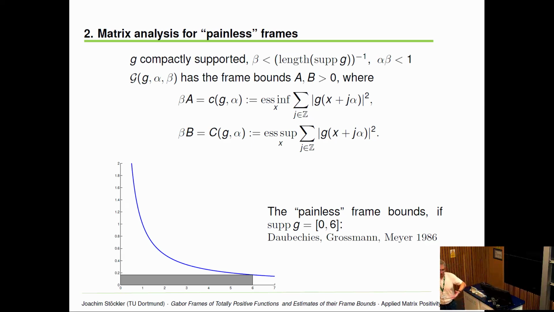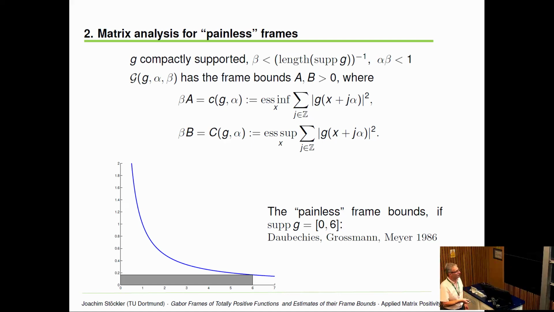Just in order to give you an impression of the methods I like to work with: matrices of full rank. Then I know what a least squares problem is. I know how to solve it. I know how to write down the Moore-Penrose pseudo inverse. And I like to look at the Ron-Shen matrices in this form. So they are full rank matrices. They are bi-infinite, that is the size.